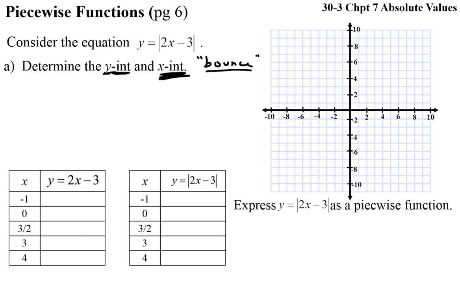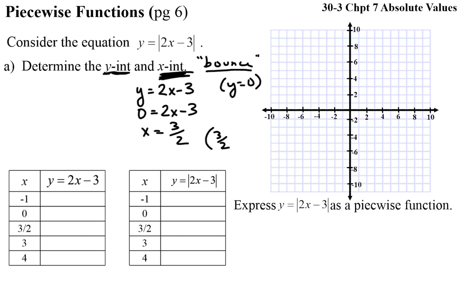That's what's key. So when y equals just 2x minus 3, we want for the x-intercept y to equal 0. So when y equals 0, we get 2x minus 3 equals 0. Isolate the x. X is 3/2. So our x-intercept is at 3/2, 0.